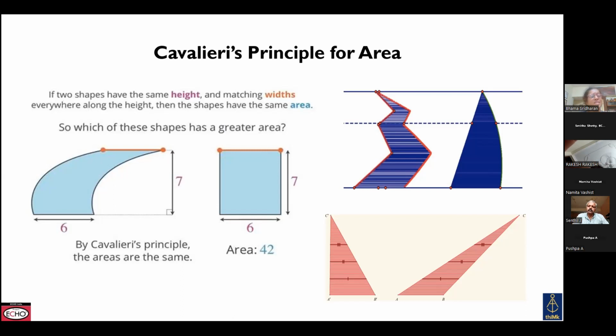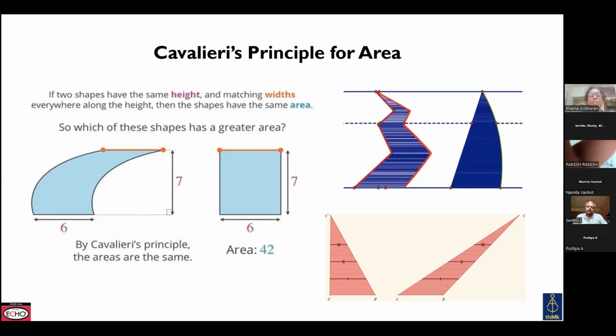Shear the top. Still the area remains the same because all along, it's like adding the same amount of the same width along. And the area, whether it is the light blue, funny shape on the left, as well as the rectangle, both have the area 42 because the perpendicular height is 7 and the width is 6.